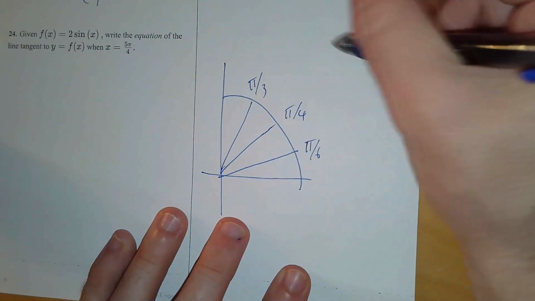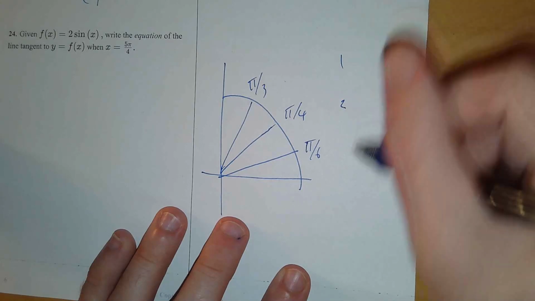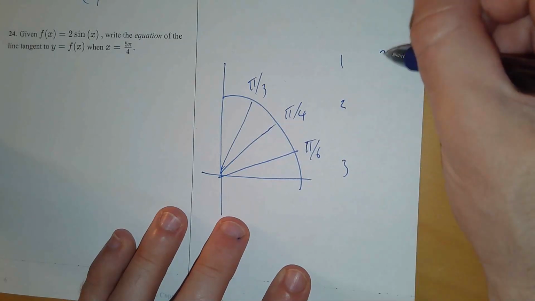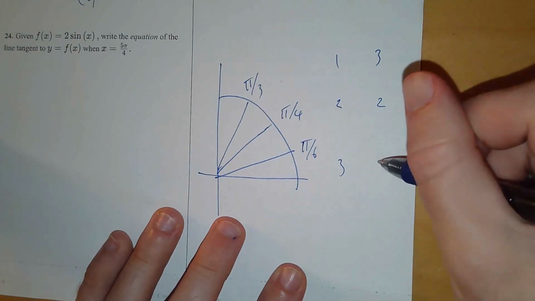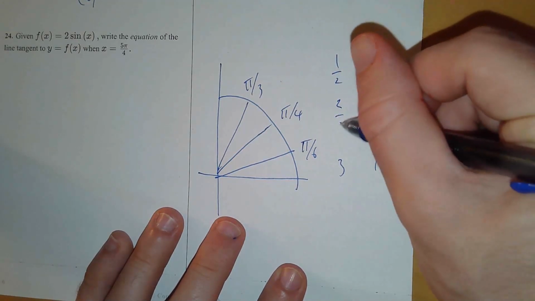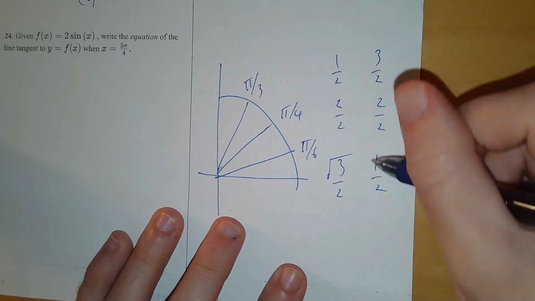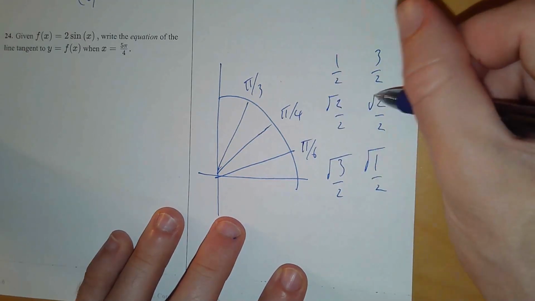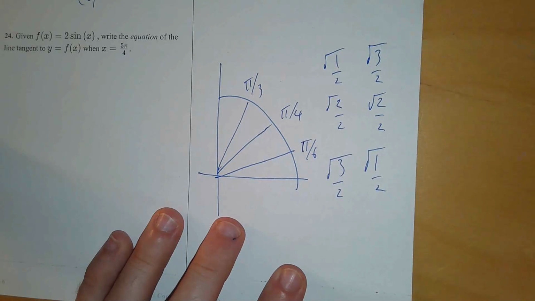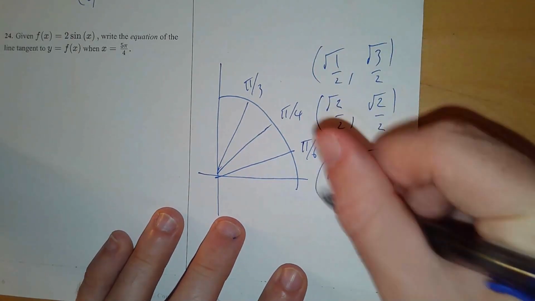And you have 1, 2, 3, 3, 2, 1, all of them over 2, with a square root on each, in the form of a coordinate pair.